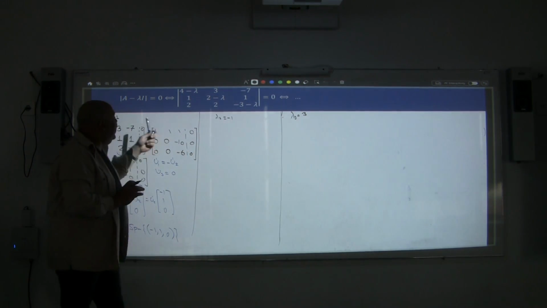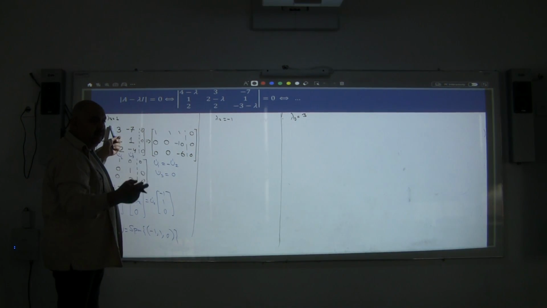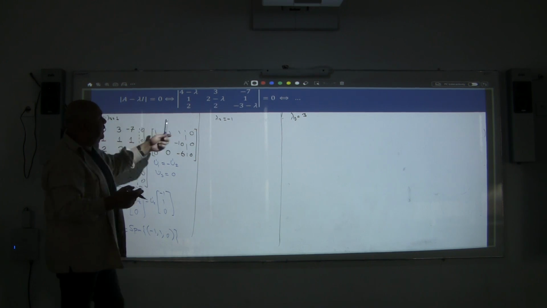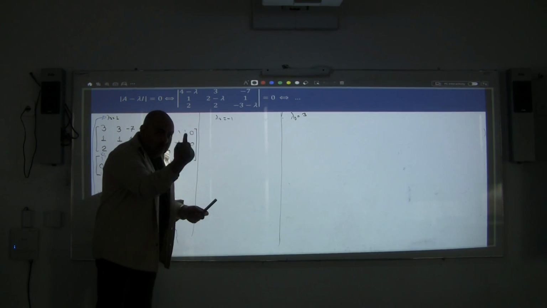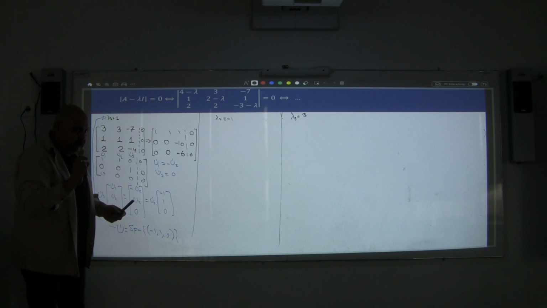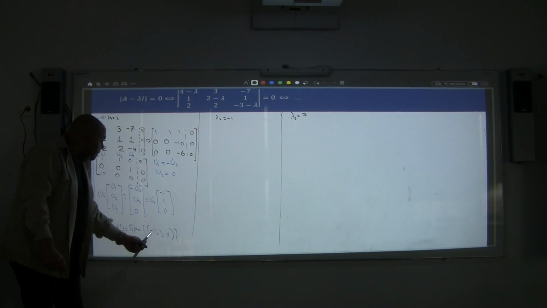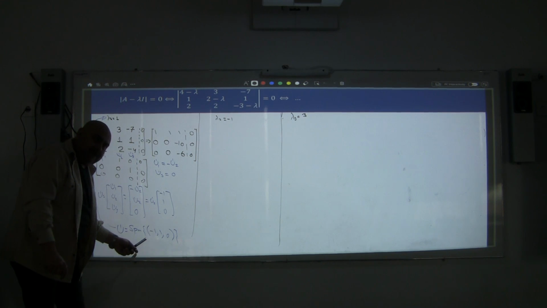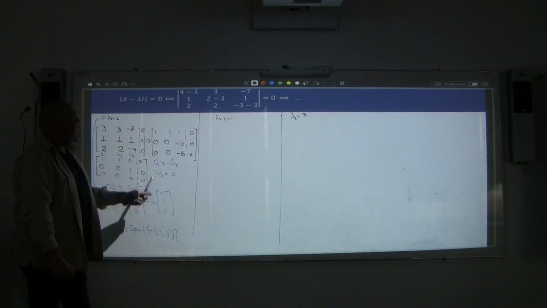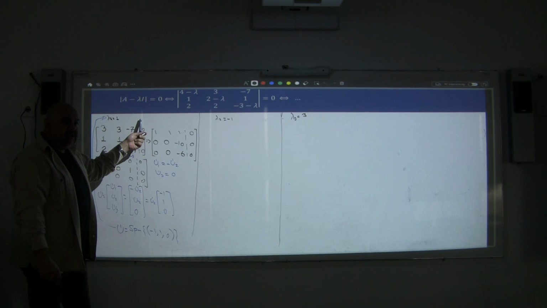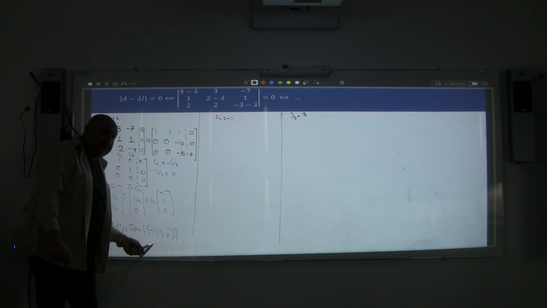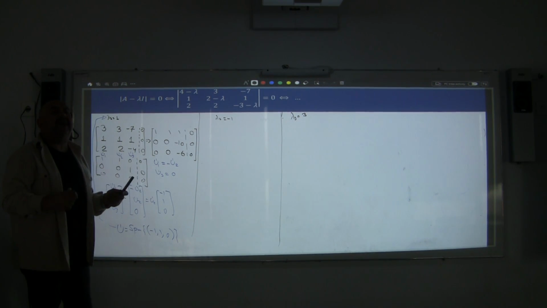No. So the algebraic multiplicity, which is the number of repetitions, for each one of them is 1. The geometric multiplicity is the number of vectors in the span, which is 1. As long as your algebraic multiplicity is equal to your geometric multiplicity, you will be able to diagonalize your matrix.